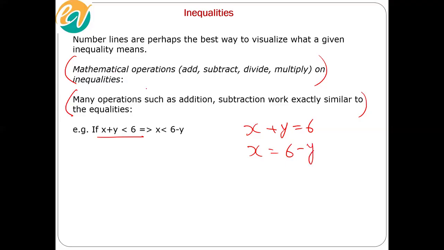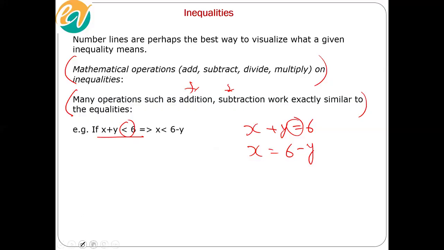Even when there is an inequality sign, you would do it exactly the same. There is no difference. So when it comes to addition and subtraction, the approach is no different from what it would be if it was an equality.